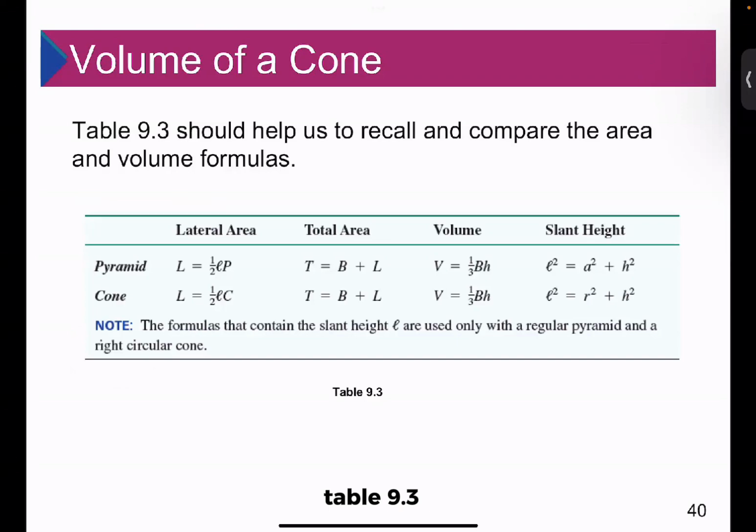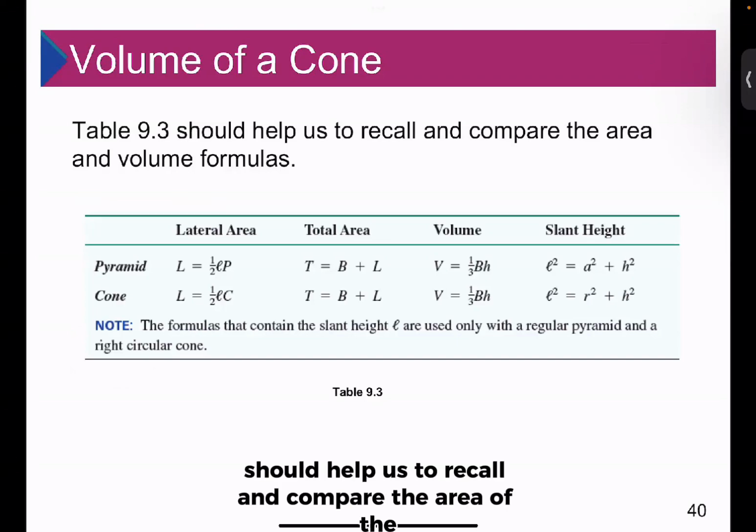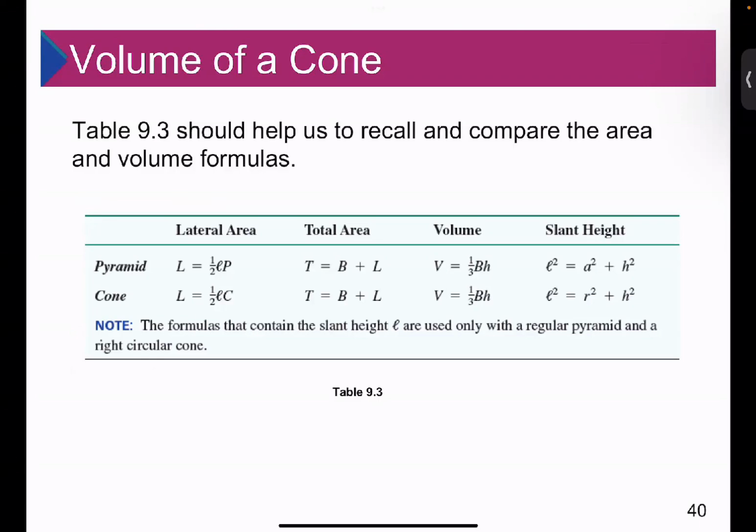Table 9.3 should help us to recall and compare the area and volume formulas. For the pyramid, the lateral area is 1/2 slant height times the perimeter, and for the cone, the lateral area is 1/2 slant height times the circumference.